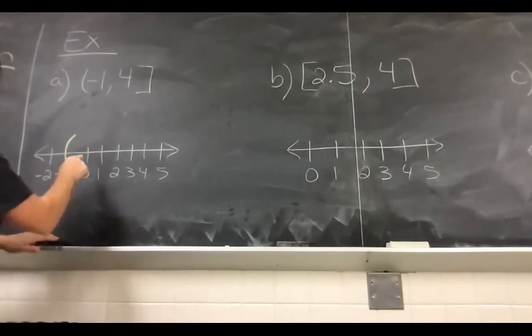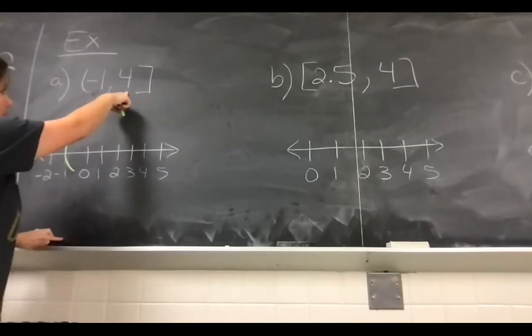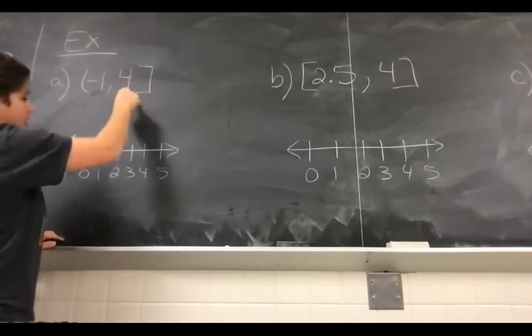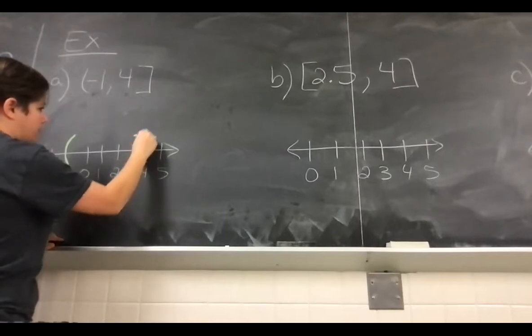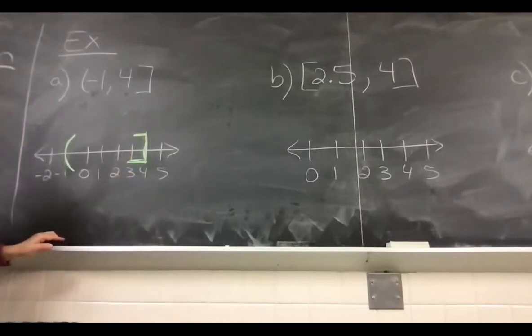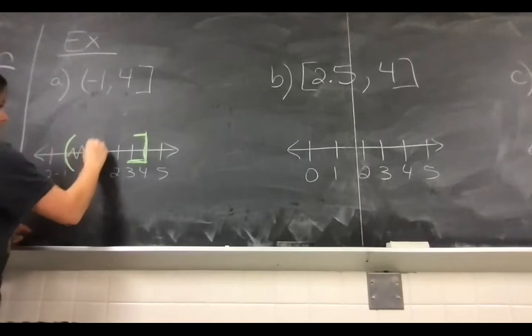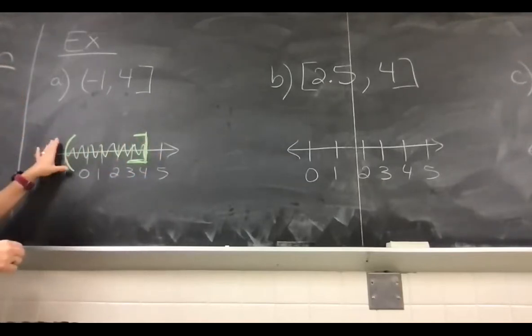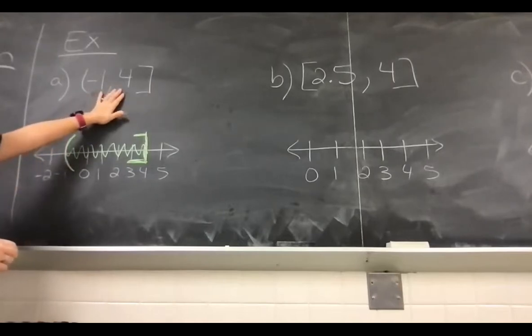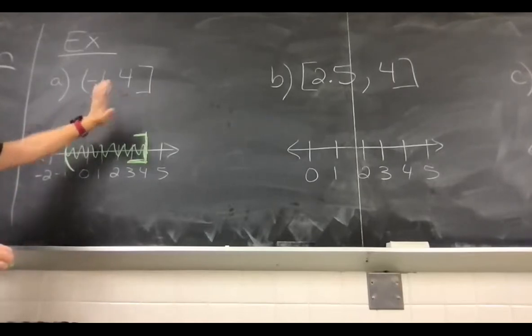Then I'm going to go all the way up to +4, where I'm going to put a bracket. That means we are including the point +4 in our set. And then it's everything in between those 2 points. So this is graphically what our interval looks like.